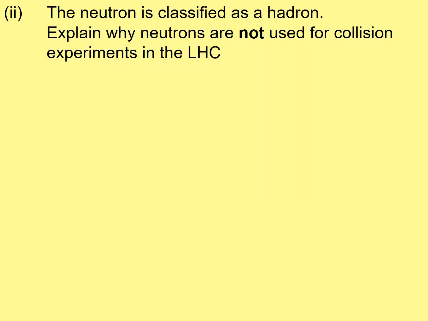In the next part of the question, we're told that the neutron is classified as a hadron. Yes, it is. Explain why neutrons are not used for collision experiments in the LHC. So we use protons in the collision. Why not use neutrons? Well, fundamentally, neutrons have no charge. And because they have no charge, they cannot be accelerated.